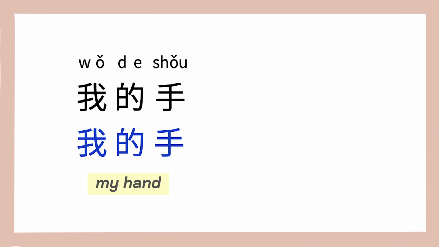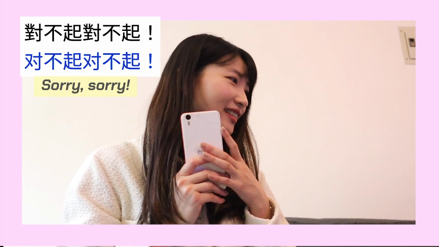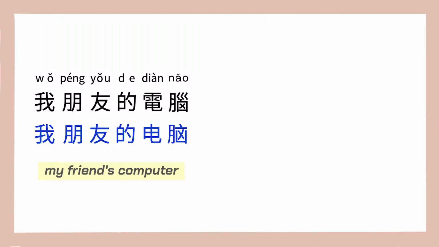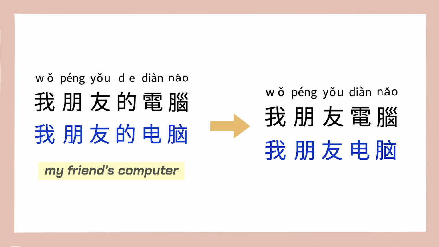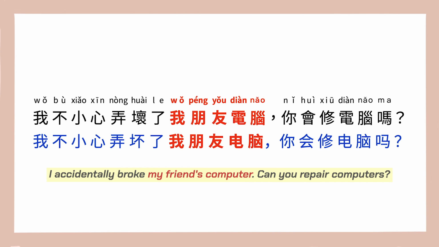Here are some examples. 我的手，我手。你碰到我手了啊！对不起，对不起。我朋友的电脑，我朋友电脑。我不小心弄坏了我朋友电脑，你会修电脑吗？I accidentally broke my friend's computer. Can you repair computers?